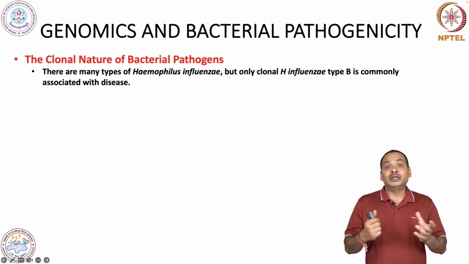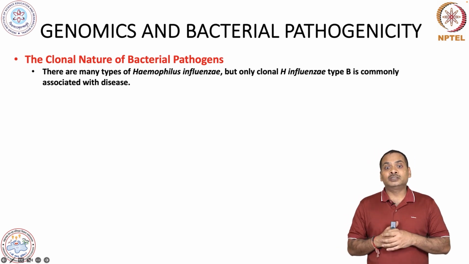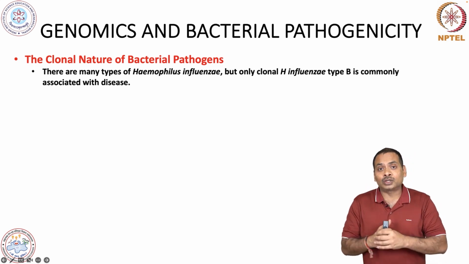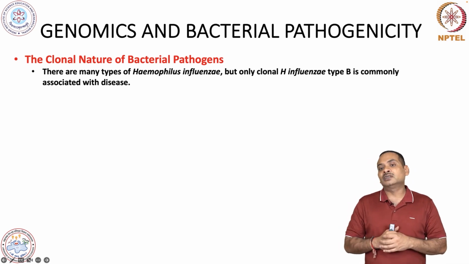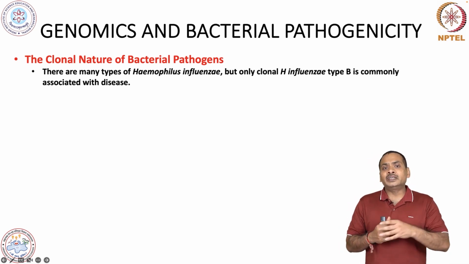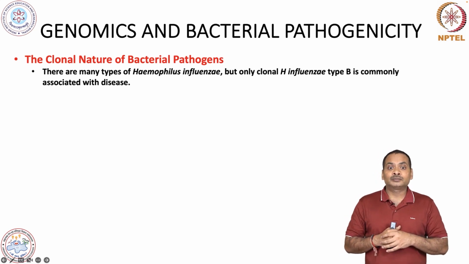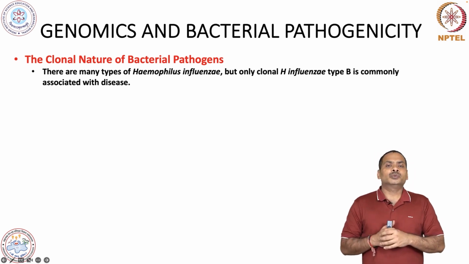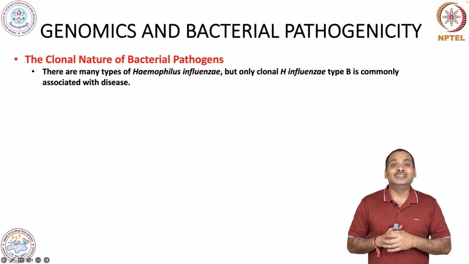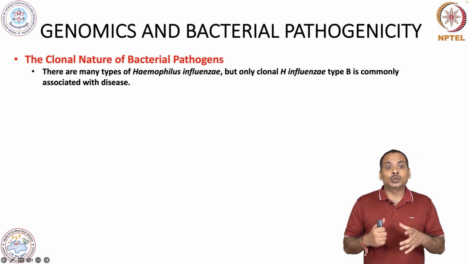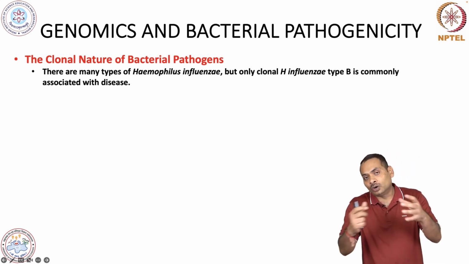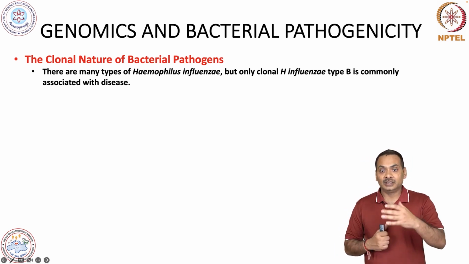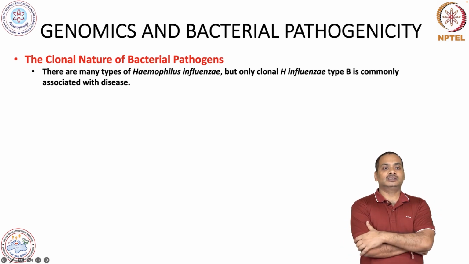For example, there are many types of Haemophilus influenzae, but only some of the clones or types can cause disease. In the case of Haemophilus influenzae, type B is the one associated with disease, which we call the clonal nature of bacterial pathogens. Not all types can cause the disease, only type B will.